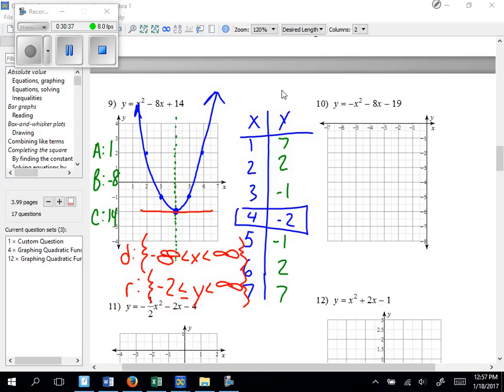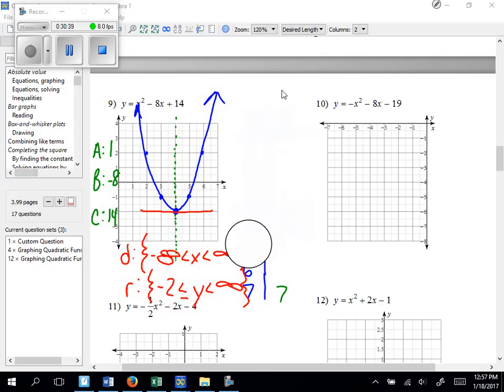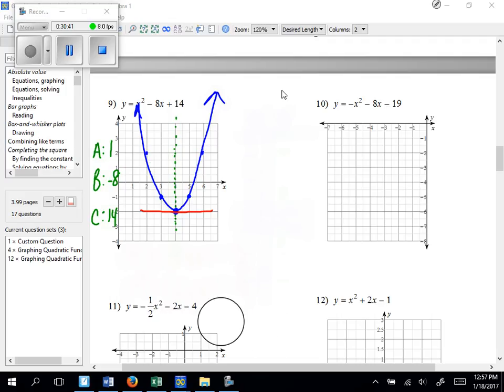Then the only other thing we're missing, a major part of this, is the solutions. If I look at this, there is no point that tells me exactly where it crosses on the x-axis. I can't tell on this one. So in this case, for tonight, I'd like you to make a little guess. I think x would equal about 5.25 on this one.